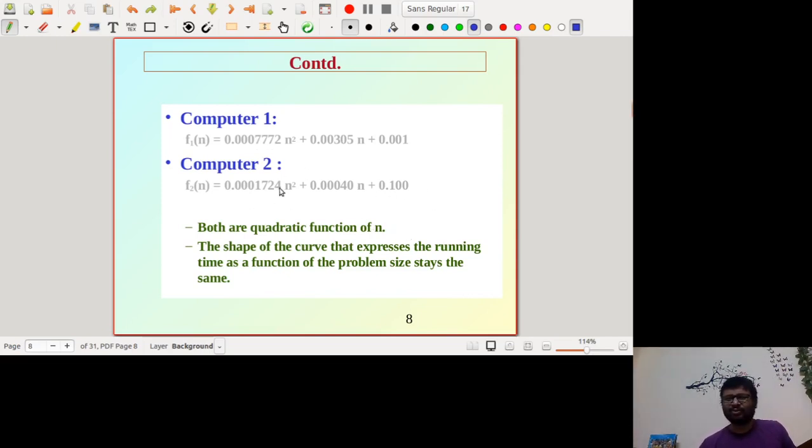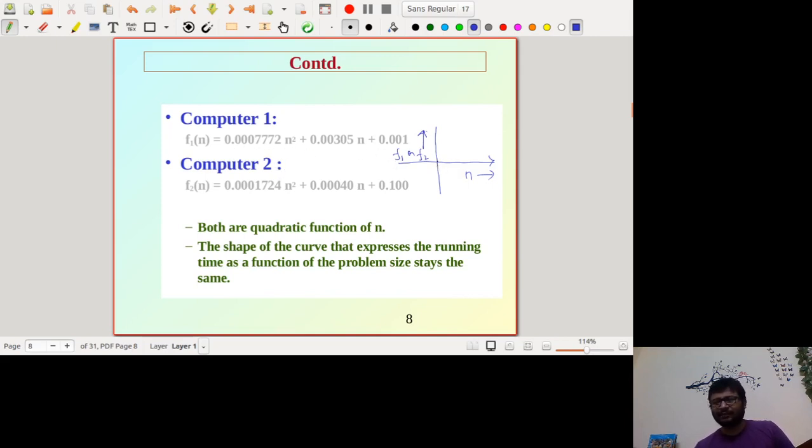So what do these curves look like? It's a quadratic polynomial, so both of these are parabolas. If I plot on the x-axis n, that is the input size, and on the y-axis f1 or f2, then for a moment assume that these terms are not present, and it's only some constant times n square.